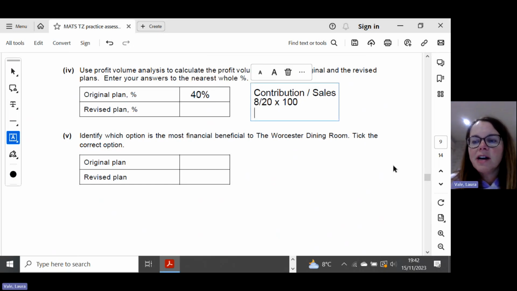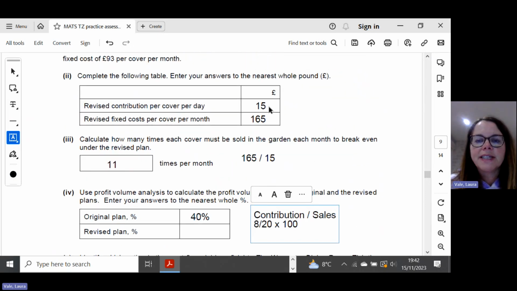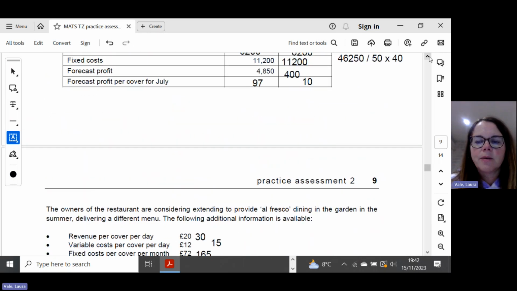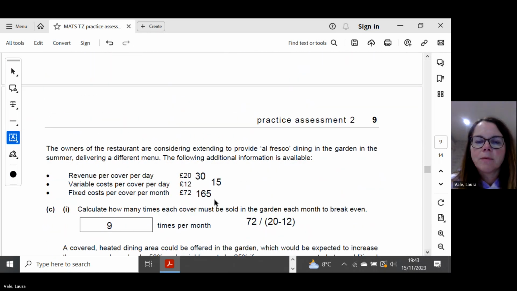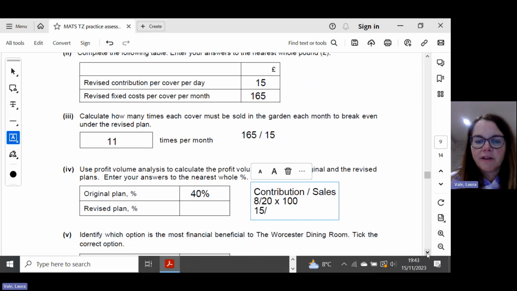With the revised plan, we've got a contribution of 15 and sales were 30. So 15 out of 30, even I can work out that that's half. So 50%.